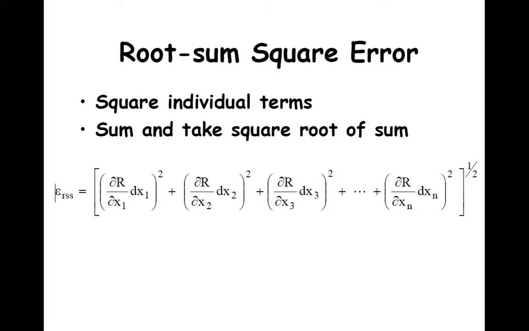In root sum square error calculation, we also use the first order term only from the Taylor series expansion. We ignore the second and higher order terms, assuming dx and dy are small. From the name of this error, we can see that it is calculated by taking a square root of the sum of the squares of all the first order terms. The square terms take care of any negative values in this case.